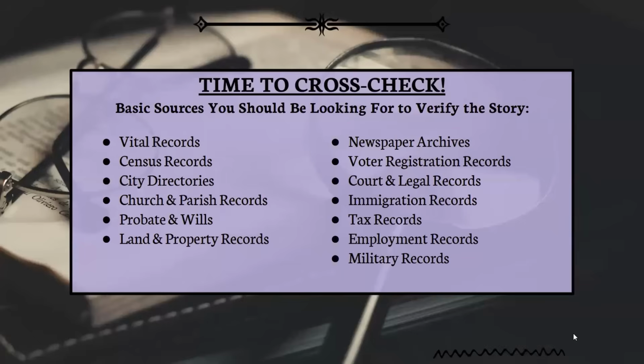Man, newspapers are my favorite because they have so much information and they can be so juicy. Voter registration records, which we will look at at least one. Court and legal records. Is anybody suing anybody? Did anybody get in trouble with the law? That kind of thing. Immigration records too. Tax records, employment records, military records.